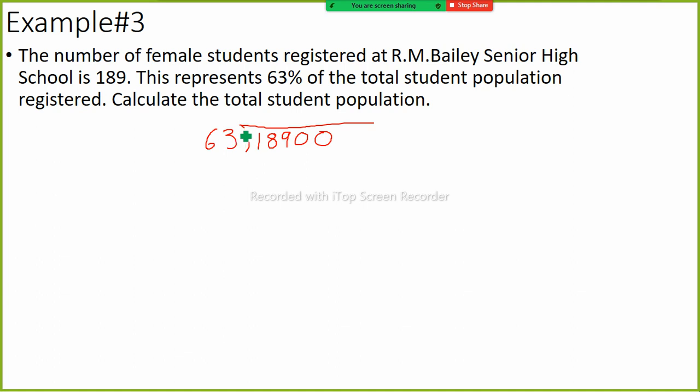Oh, okay. So 63 times 3 gives us 189. And 189 minus 189 is 0. You bring down the 0, that's going to be 0 there, minus 0.